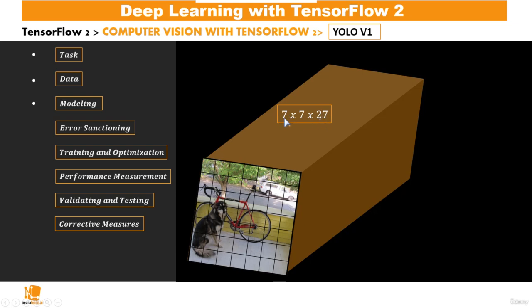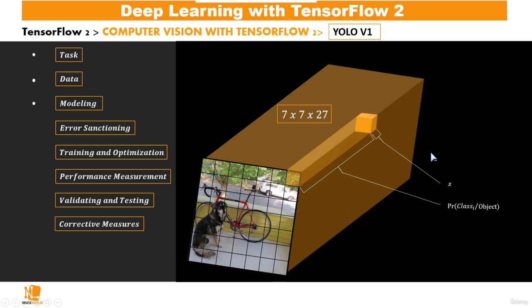For now we have S equals 7, because we have the 7 by 7 grid cells. So this is why we have the 7 by 7. Now the next part, for each of these grid cells, we have to select one out of the number of classes we have. So in this case, we have to calculate the probability of having a class given that we've said that we're going to have an object in this grid cell.